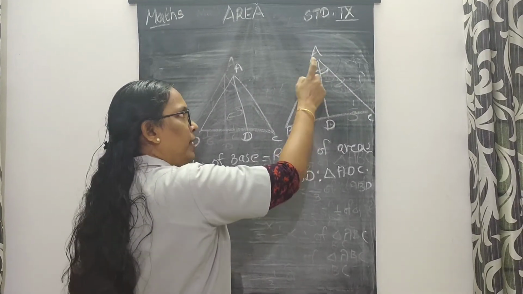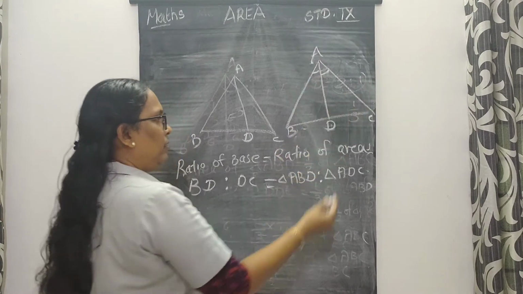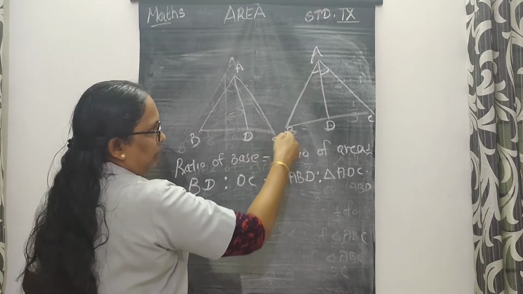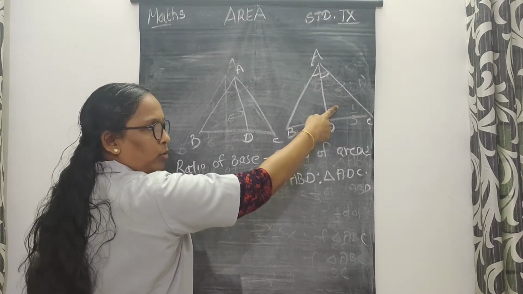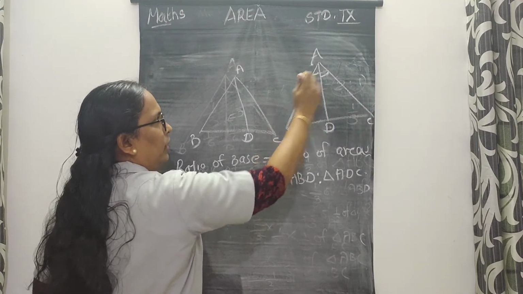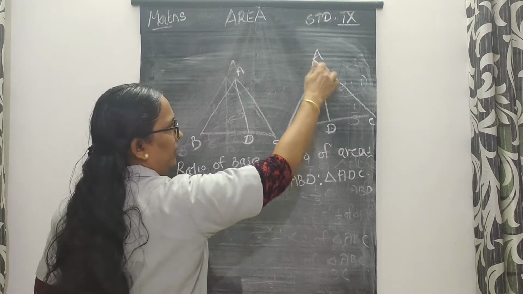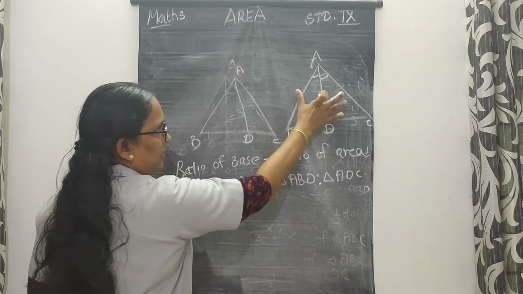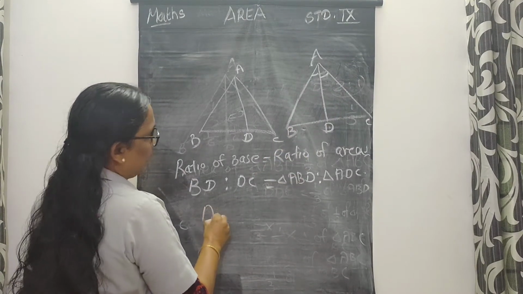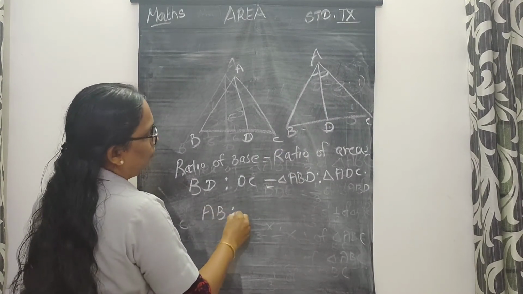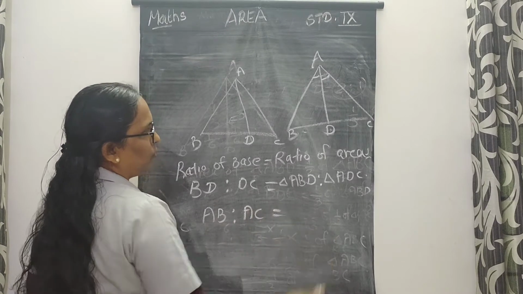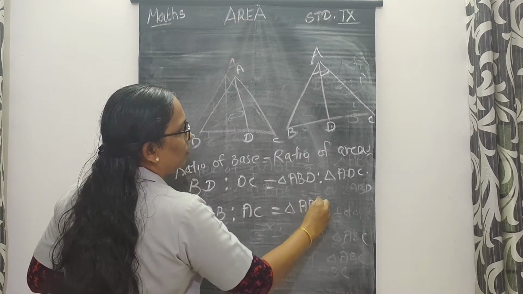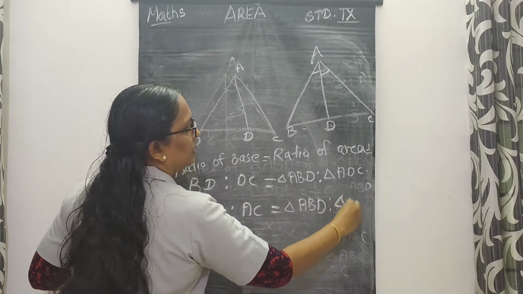If the line is a bisector of this angle, then the ratio of the areas equals the ratio of the other two sides. Other two sides means AB is to AC. So we can write AB is to AC equal to area of triangle ABD is to triangle ADC.